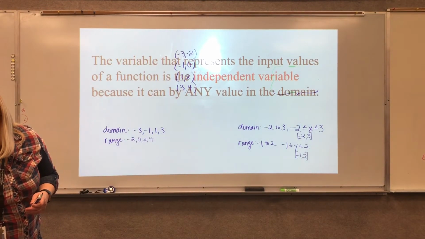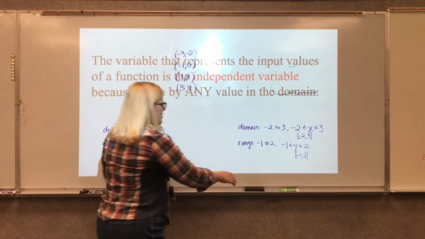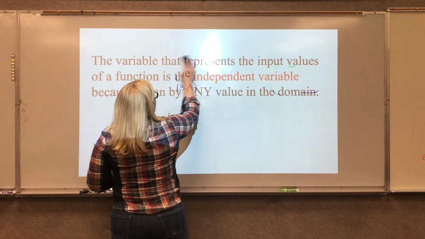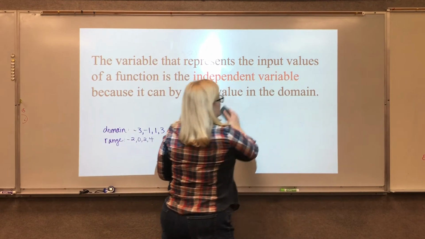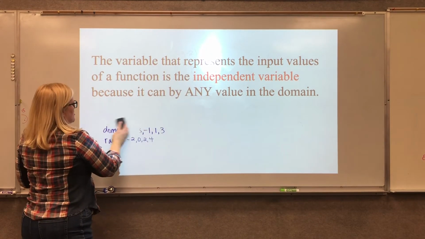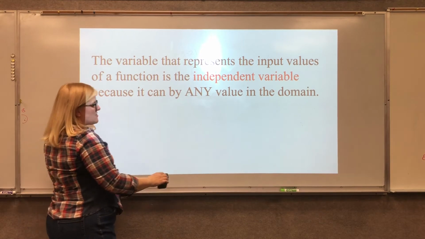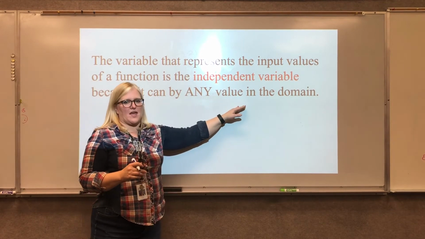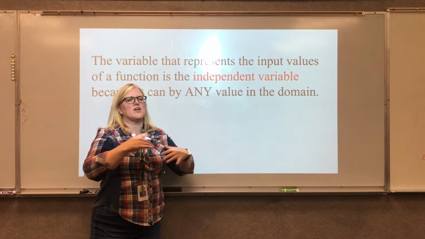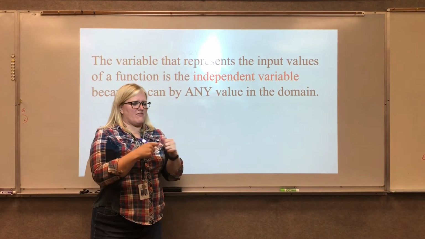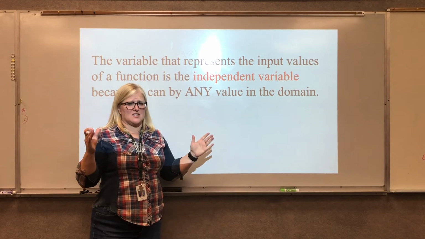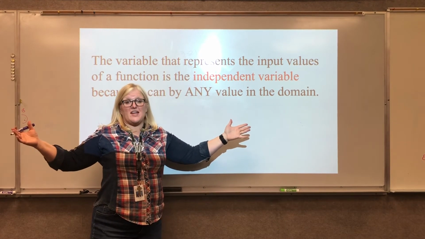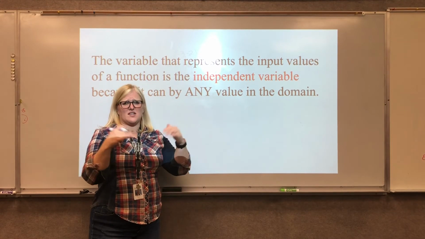The variable that represents the input values of a function is the independent variable because it can be any value in the domain. So I can put into my function machine whatever I want as long as it's in the domain. The domain is a set of numbers, and maybe the domain is all real numbers, so I can put anything I want into this machine.